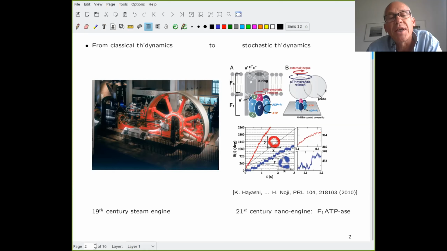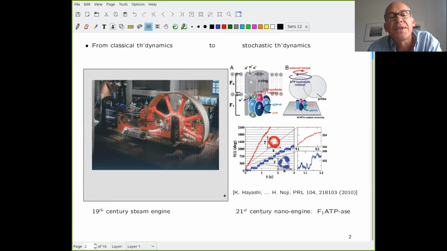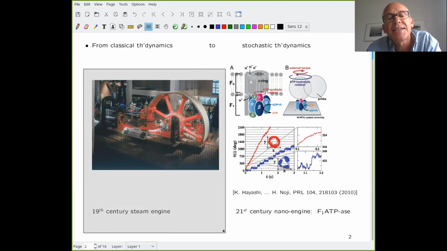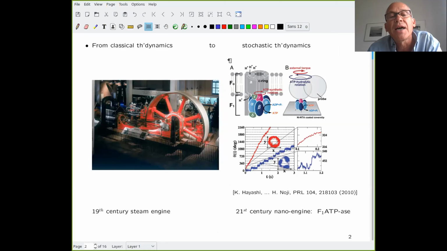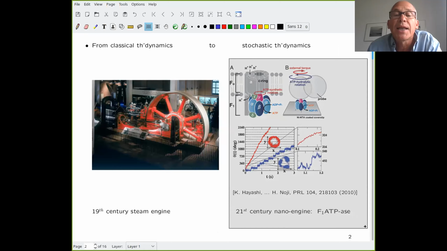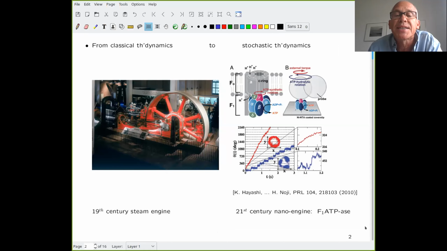So as you know, the basic idea was to explore the rules which have been developed in the 19th century to understand steam engines, and whether and how these rules can be applied to molecular motors. They were just mentioned. This is the F1 ATPase, and we can do single molecule experiments.